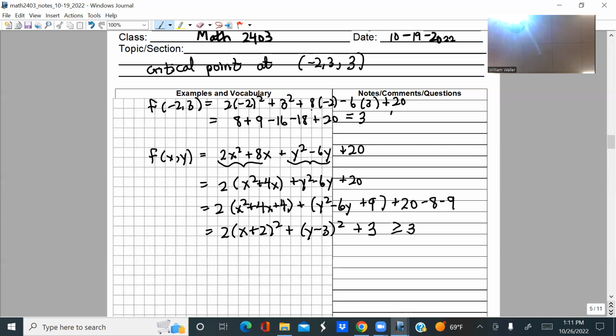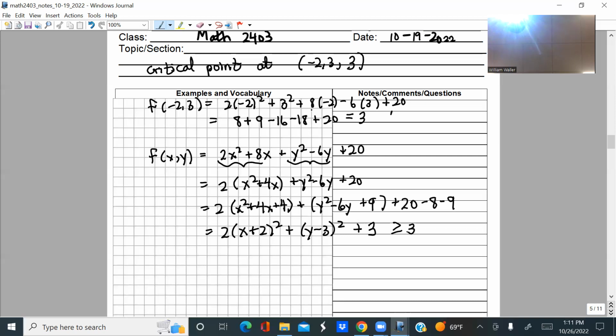So what does that tell you? What's the smallest z you get from this formula? The smallest output of the formula. 3, right. Never going to get anything less than 3. And you can get 3 if you plug what? Negative 2 in for x and 3 in for y, right?